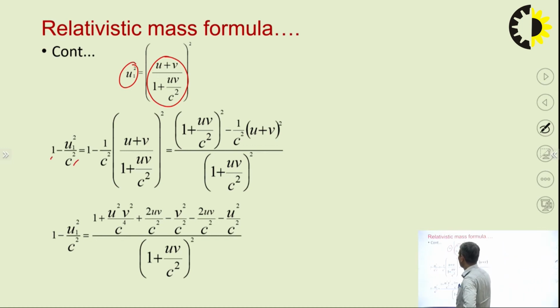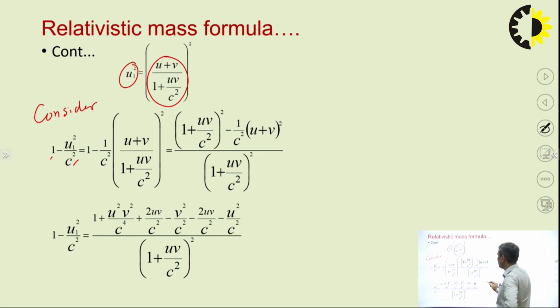So, consider 1 minus u1 square by c square is equal to 1 minus 1 by c square times u plus v divided by 1 plus uv by c square, whole square.